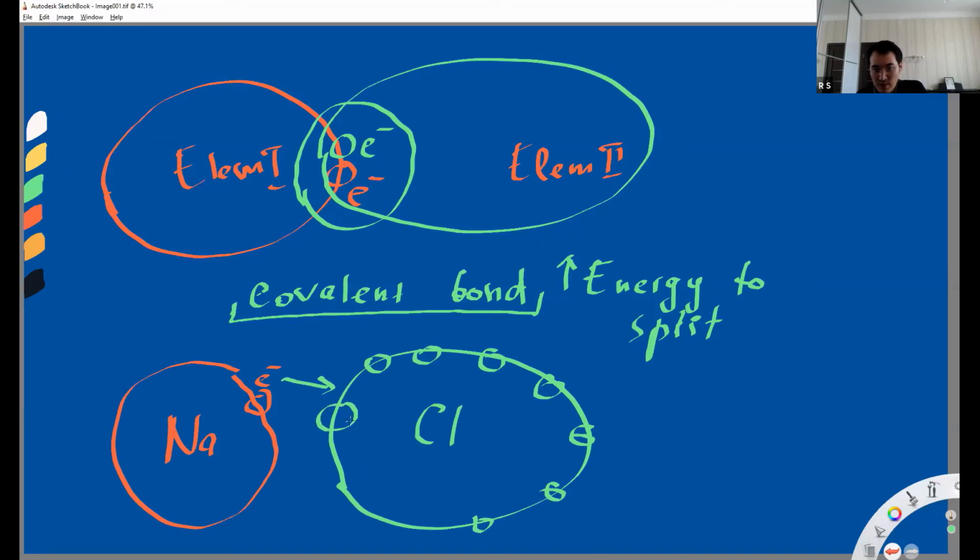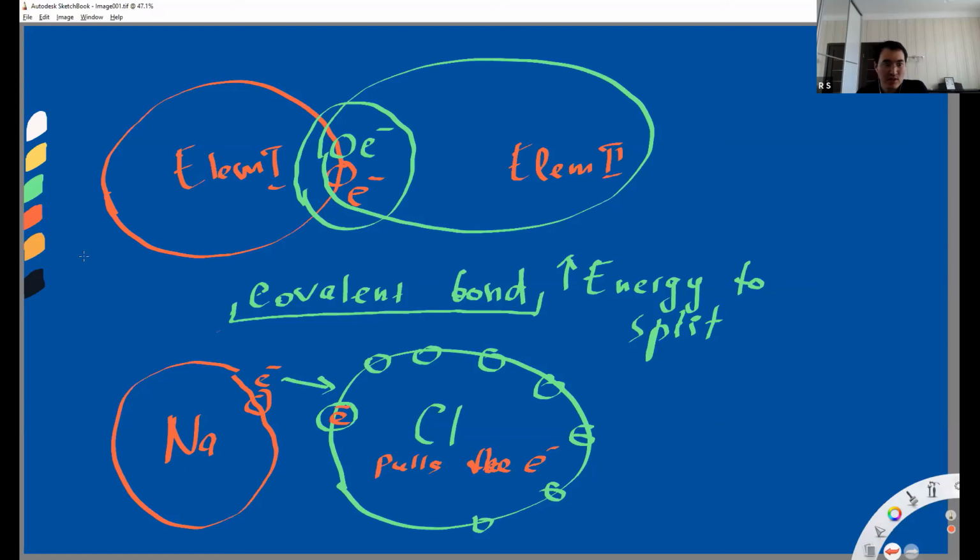So this electron comes from the sodium, and it starts orbiting mostly chlorine. So this chlorine pulls the electron.